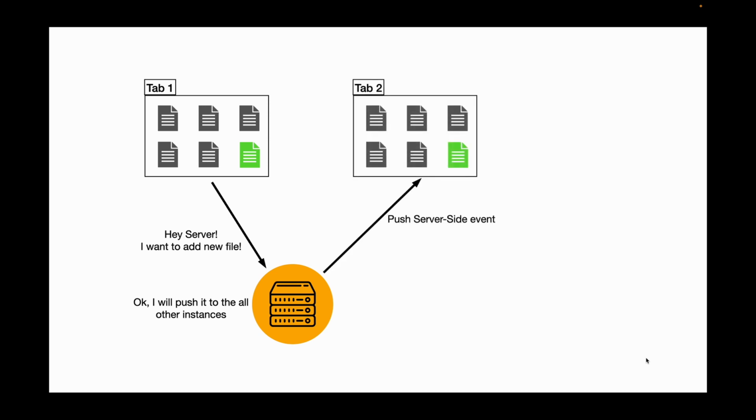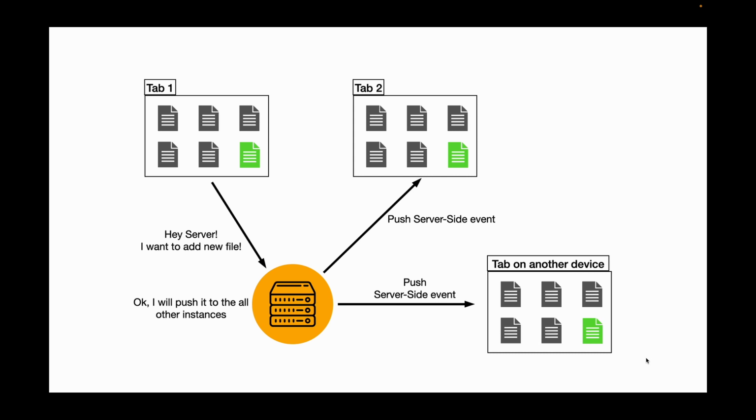A subscriber is another instance. It also may be a tab or a different device. The server knows from which instance the file was sent and can skip it. All other instances receive the server events and update the UI without force reloading the page.